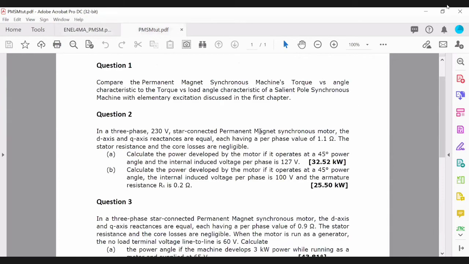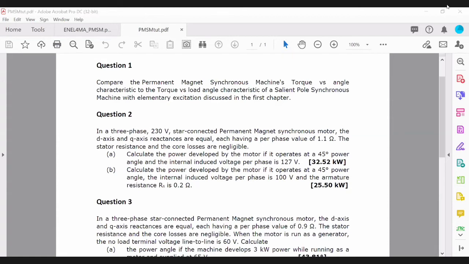So the machine will behave as a cylindrical rotor instead of a salient pole machine, right? If it's behaving like a cylindrical motor, obviously your power equation will change, because now the salient part is cancelled out, and your analysis becomes more like the analysis in the electrical machines 2 course, where the equation for power is simplified.